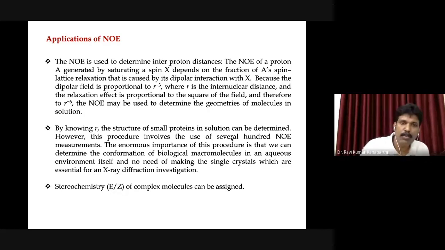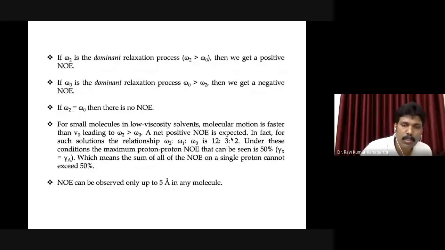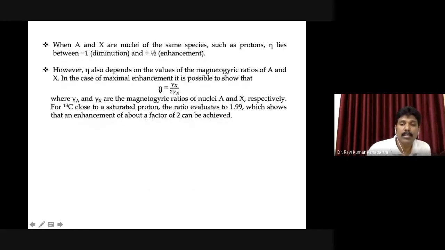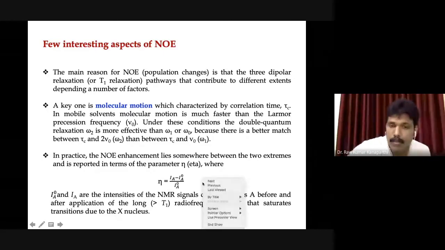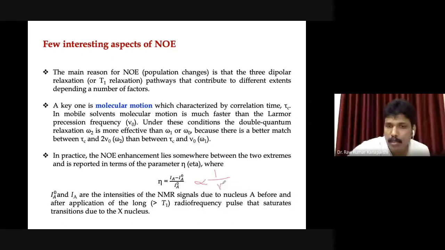Why? Because NOE is inversely proportional to 1 over r to the power 6. This is the factor I was talking about, and this is a factor that we can calculate simply by doing the NOE experiment. This eta basically depends upon r to the power minus 6, right?